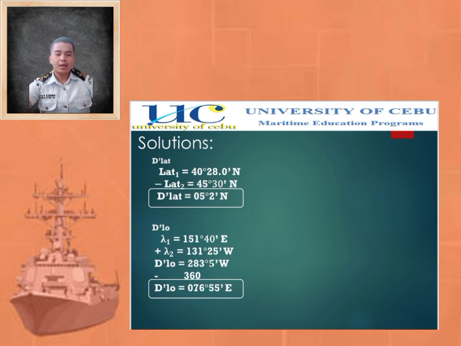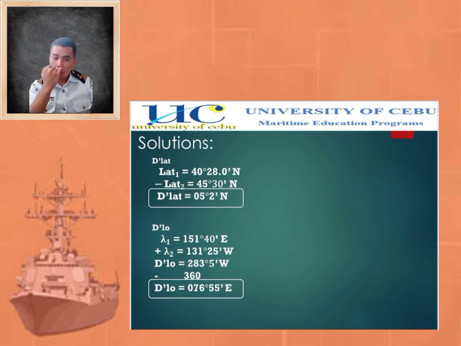So next is the D-long. Our D-long 1 is 151 degrees 40 minutes east, and our D-long 2 is 131 degrees 25 minutes west.